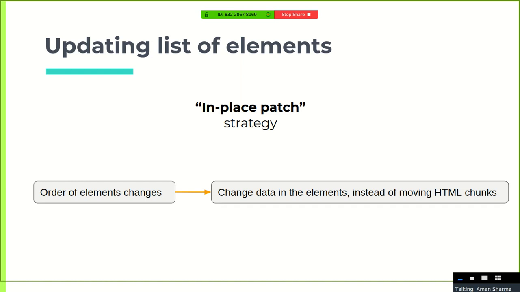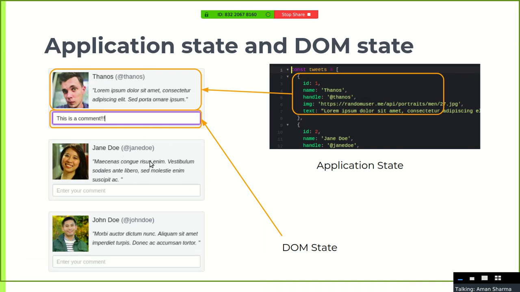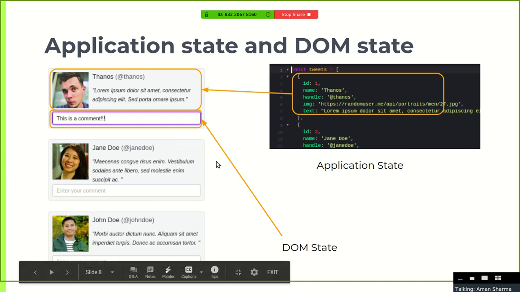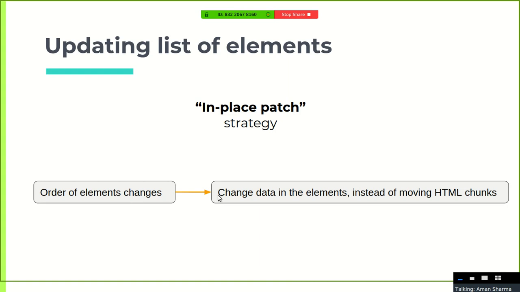Now, Vue.js has a strategy of updating a list of elements. Whenever there is a list of elements, in this case these 3 tweets, and there is a change in the order of the list of elements, Vue follows the in-place patch strategy. What exactly does it mean?